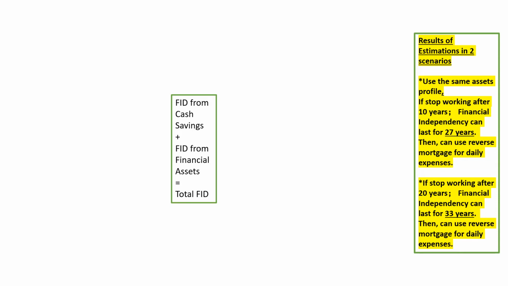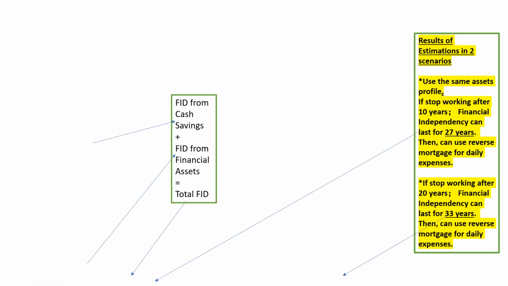So how many years they could last for their living, added together, becomes the financial independence duration in years. In the first case, working another 10 years, they can last 27 years. In scenario 2, working another 20 years, they can last another 33 years.